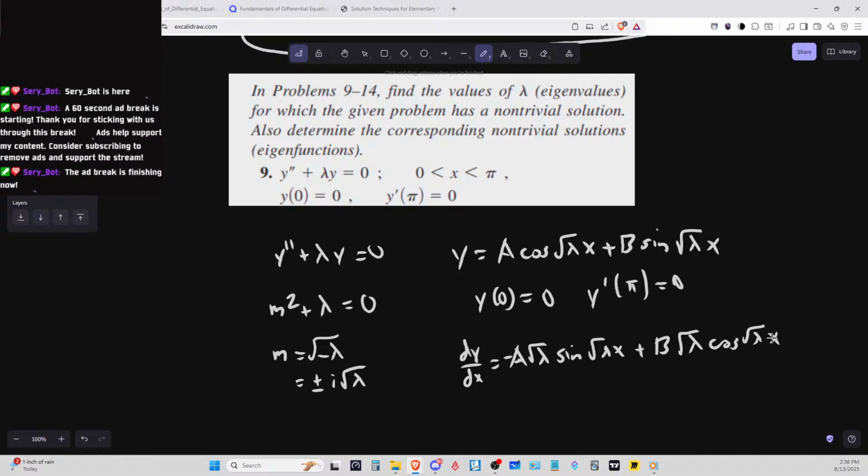So the thing is that we gotta figure out what lambda is. So when did 0, so all of these have to be 0. So when cosine is 0, then that means this is 1.